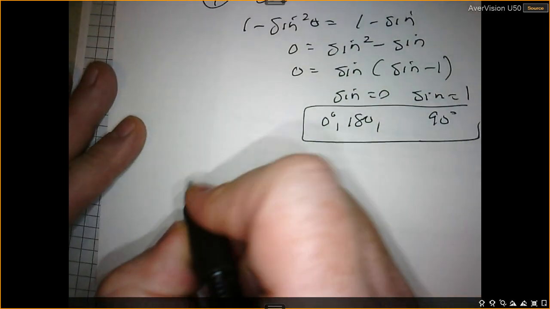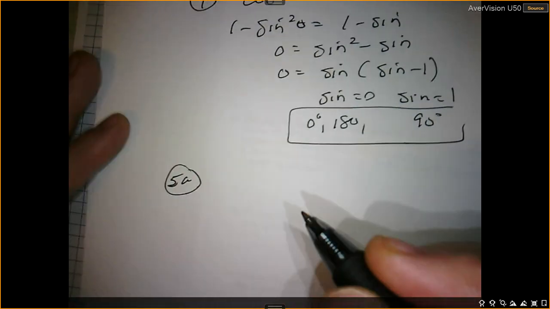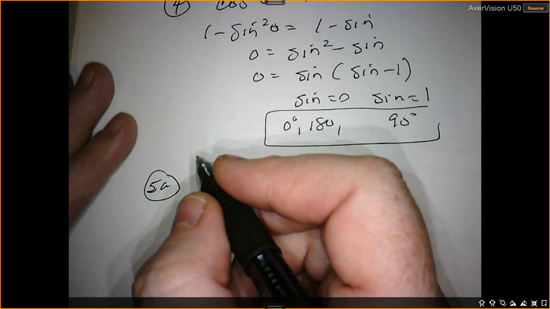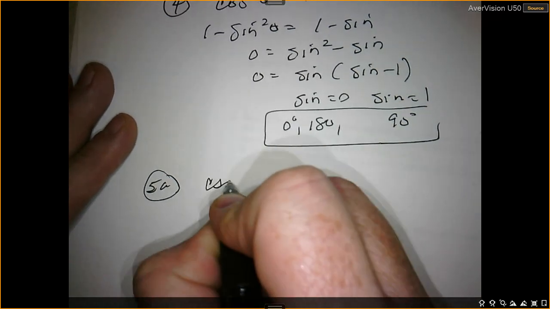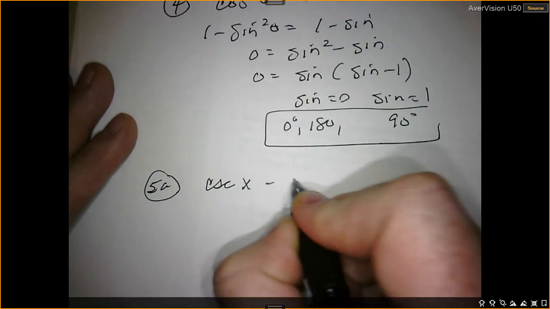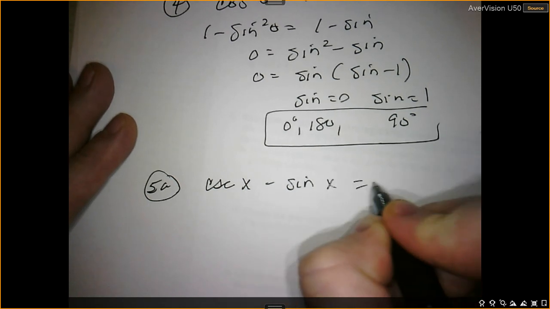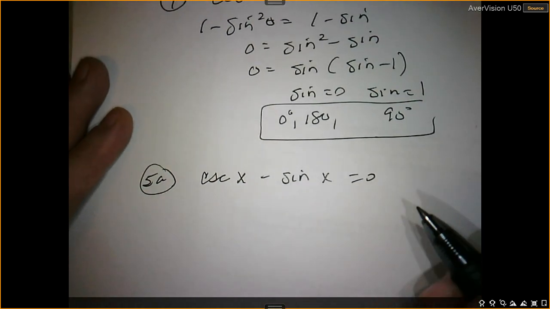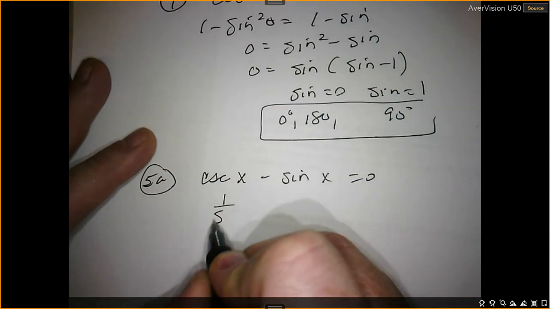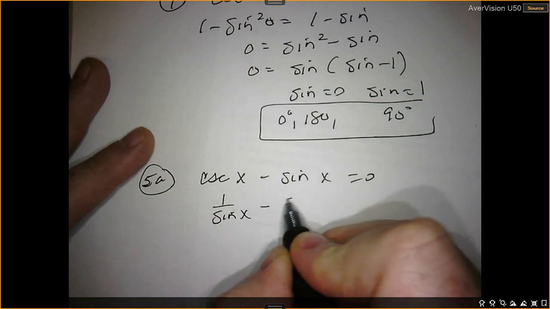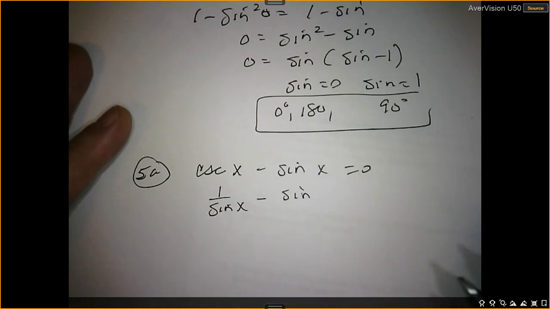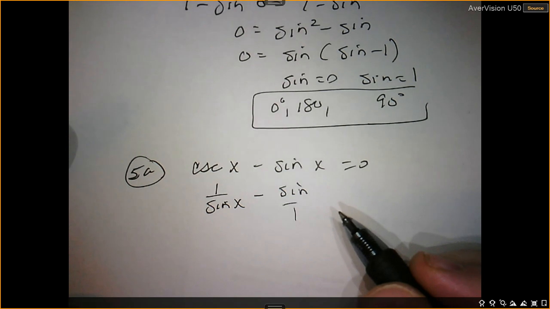All right, and then we'll do 5a and b. 5a is just to practice using the trig identities that were on the last test, so this is good practice from the last test. So cosecant is 1 over sine minus sine. In my mind, I put it over 1 because I get a common denominator.